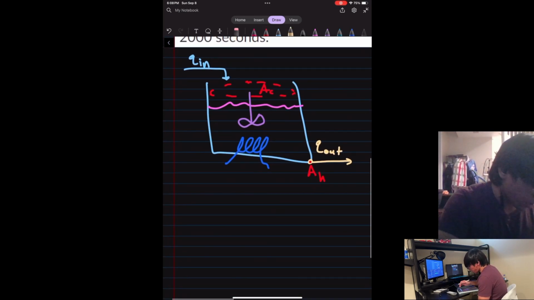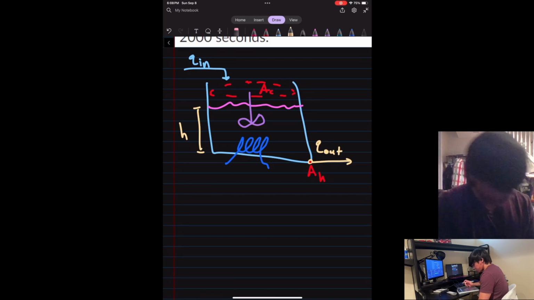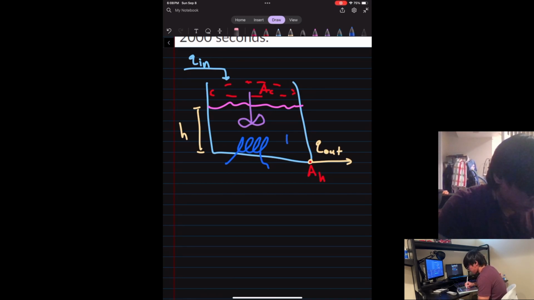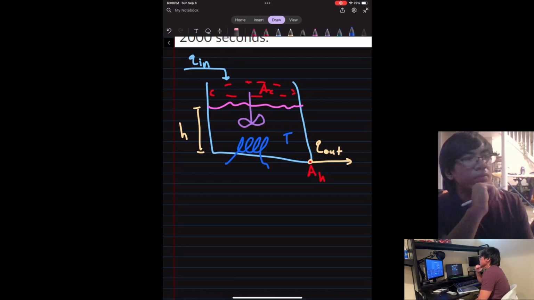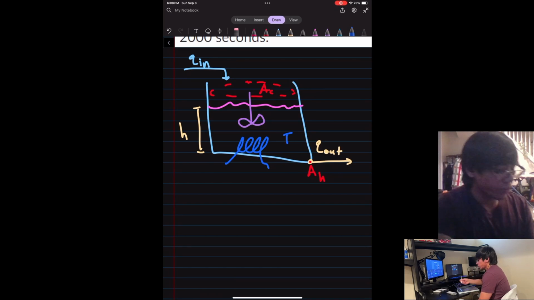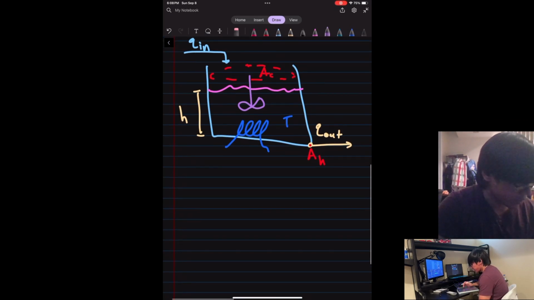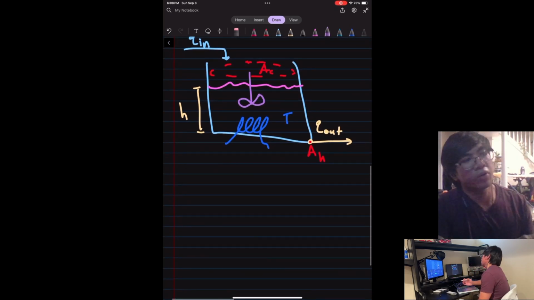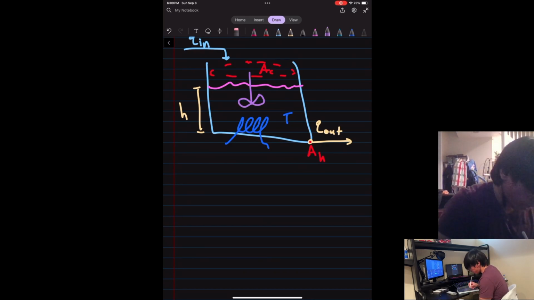Let's go ahead and label our height as well. Change in height, that'll be important. And we also have a temperature inside our tank, T. So we can go ahead with what we did earlier with the previous tanks, how we used Bernoulli's equation. If you remember, we derived our change in height with change in time.